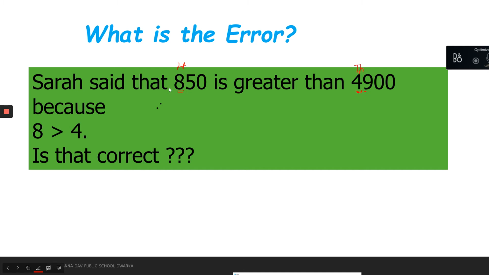And here at the thousand place is nothing. So we can write 0, right? Now you can see 0 and 4. Which is more? 4 is more. So automatically 4900 is more. And we can also say in another way that here are 3 digits, here are 4 digits. So obviously 4900 will be more because it has more digits.